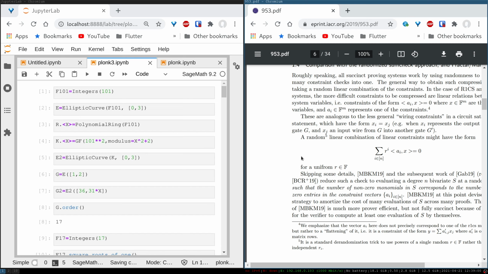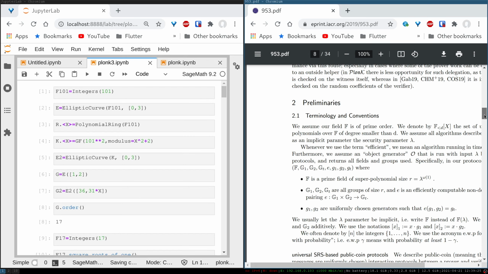But that reference string is not specific to the problem. If you change the problem, if you want to make a ZK snark for proving a different statement, as long as the statement is not more complex than the original one, you don't have to generate a new reference string. So that's a massive advantage.